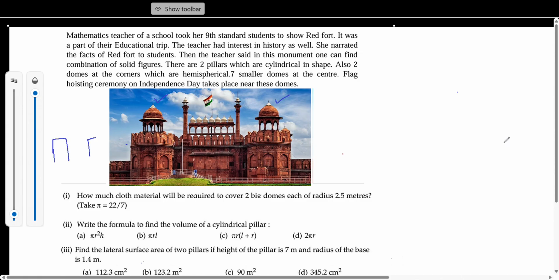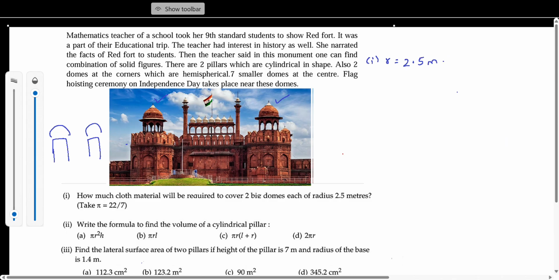So this is a cylinder, this is a cylinder, there is a dome on top of this, a dome on top of this, and then in between them there are 7 smaller domes, which are 1, 2, 3, 4, each one of these. So part 1 asks us how much cloth material will be required to cover the two big domes, each of radius 2.5.